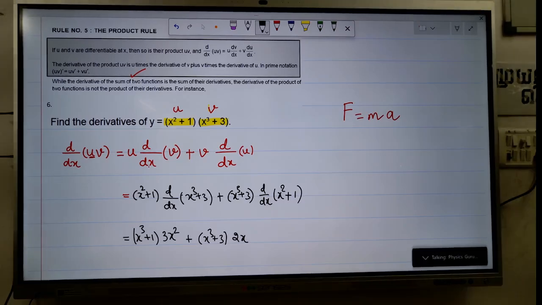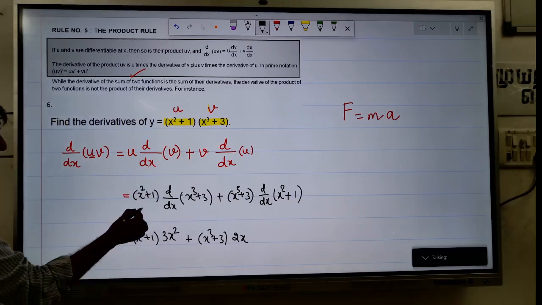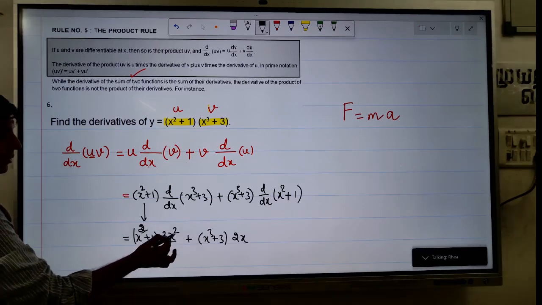Got it? React, did you get it? Or should I explain it one more time? Where? Oh, this is x squared. This one.